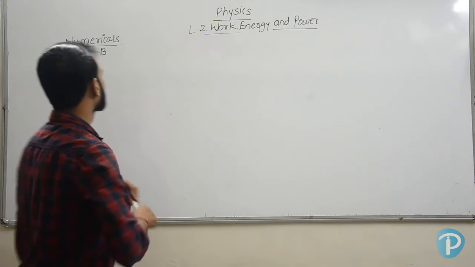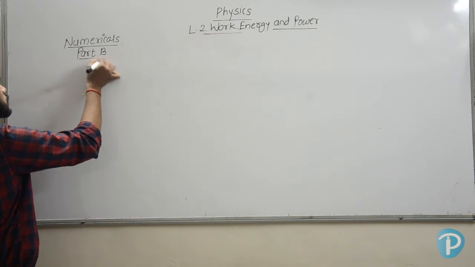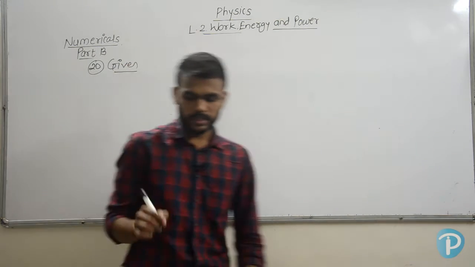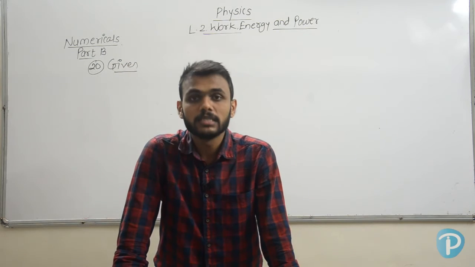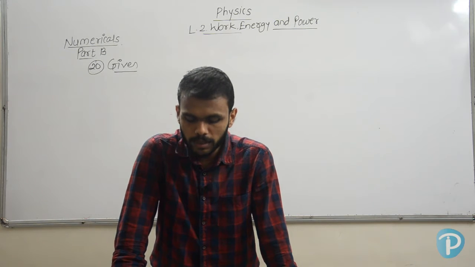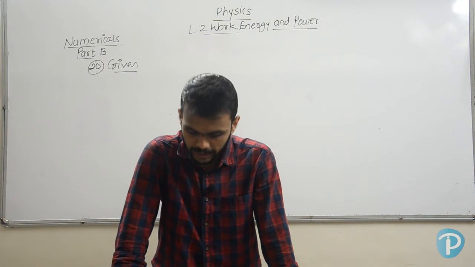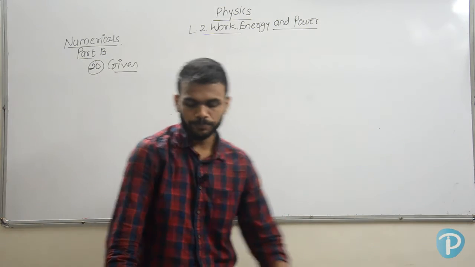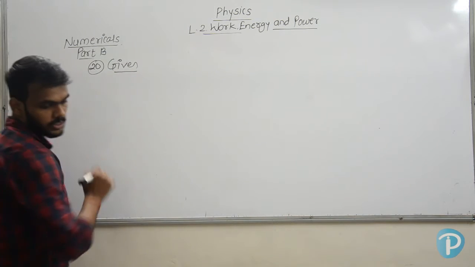So we'll write the given data first. In question number 20 they have given a body of mass 60 kg that has the momentum 3000 kg meter per second. So we have to calculate the kinetic energy and the speed of the body. Okay, so what is given?